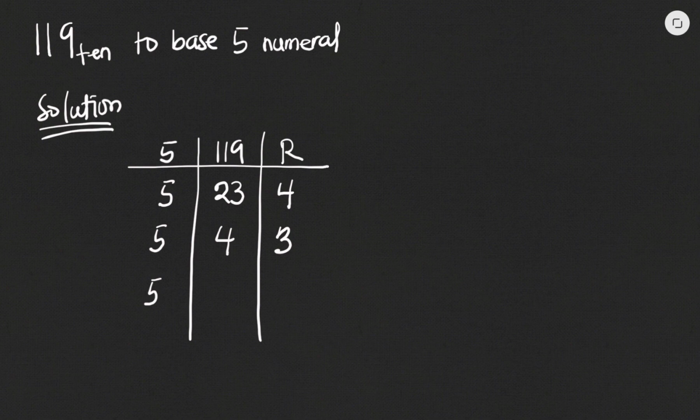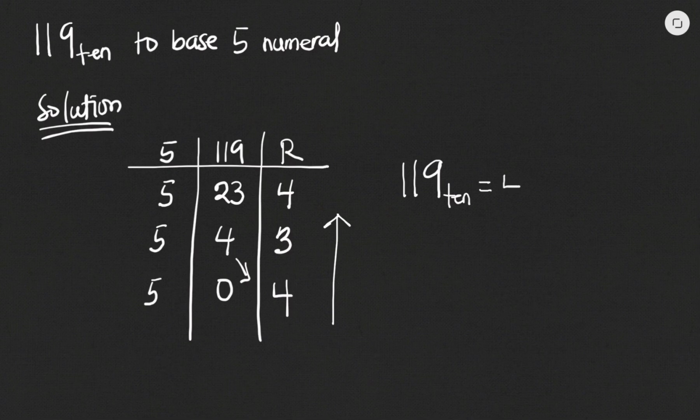And now, how many times will 5 go into 4? It is impossible, so I write down 0 here, and then I bring 4 to the end over here. As always, my answer is from bottom up, so therefore it means that 119 base 10 is equal to 343 base 5.